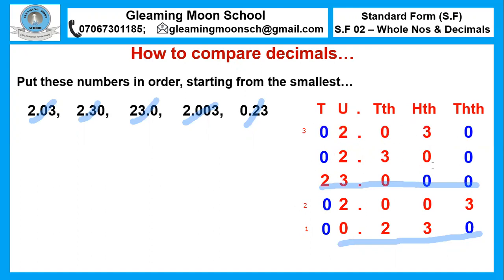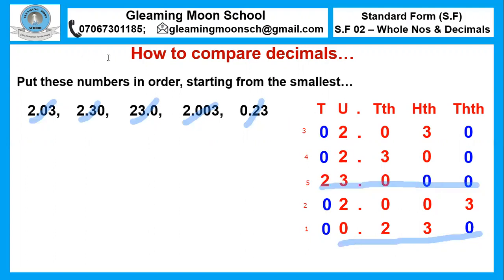And then our number 4 number is going to be 300, 2.300. So that's our number 4 number. And then that takes us to the one we have already identified as our largest number, because it has the tenths value, which is the highest of all the values here. So this would be our number 5.